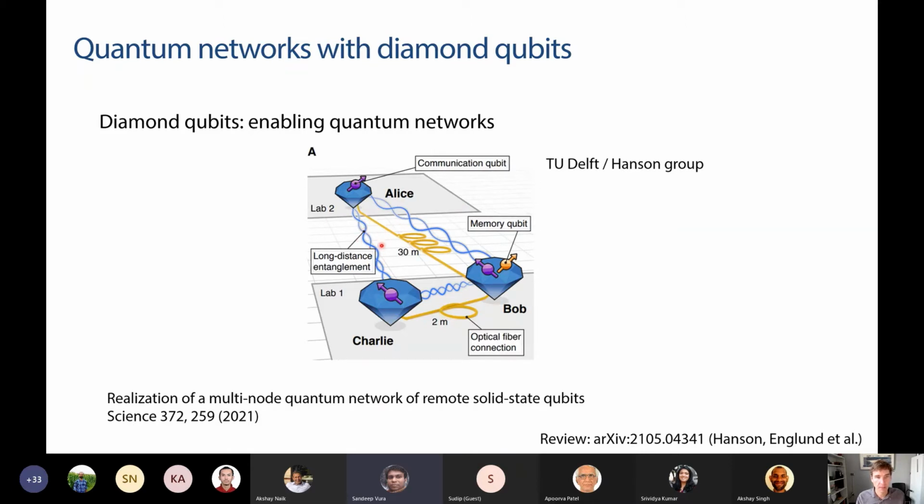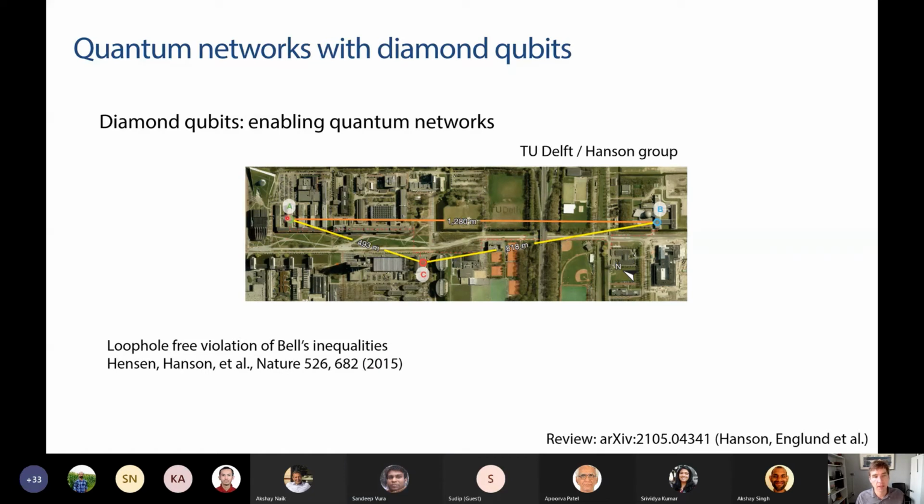Well, maybe go back to the more simple experiment. They emit single photons, okay, at A and B, which are indistinguishable. And at C, those photons are interfered. And this creates entanglement between the qubits at A and B. And I should say that, of course, there are various different protocols, but basically one version would be that if A or B emits a photon, then A or B is in one of 2 possible spin states.